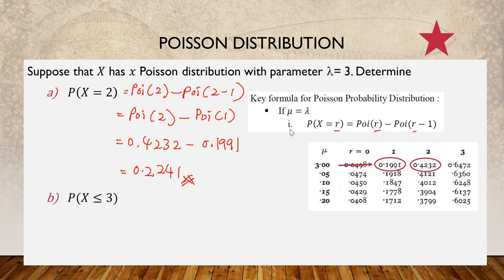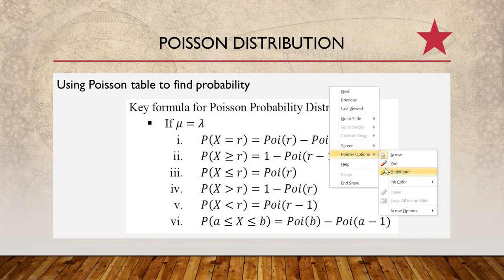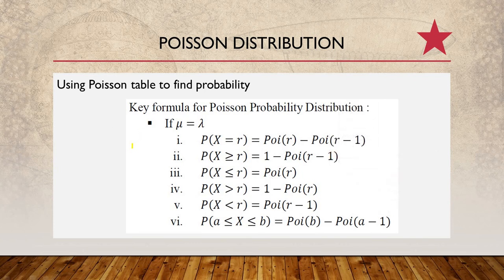Next, if you want x less than or equal to 3, how do we do it? First, we look at the Poisson distribution table. Just now you wanted less than or equal to 3, so the third one is less than or equal to, which is poi r.